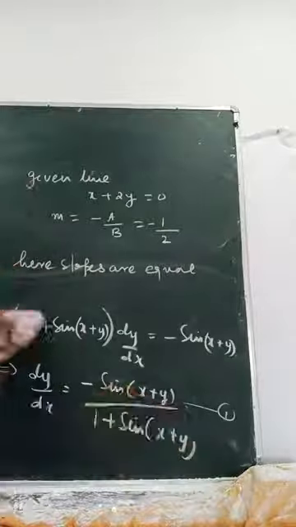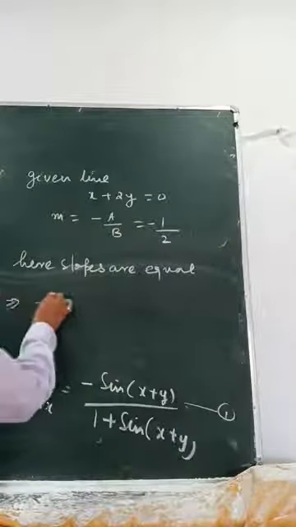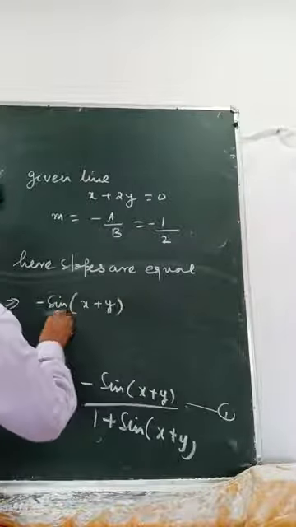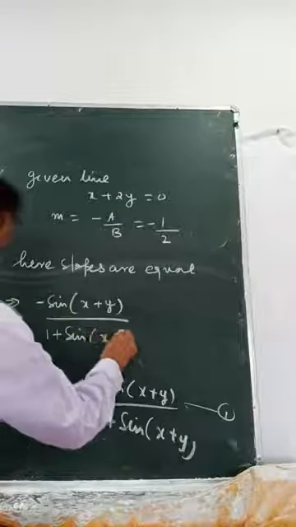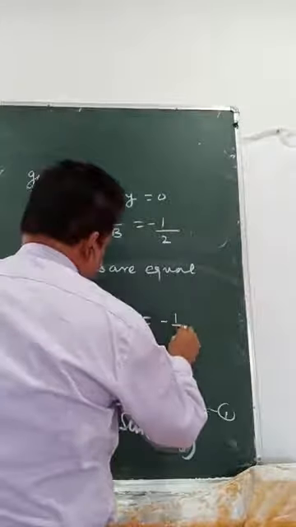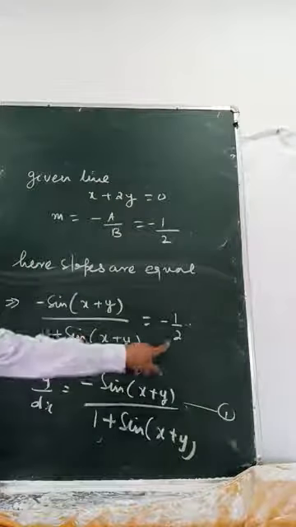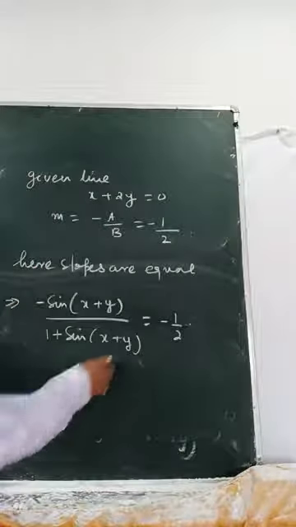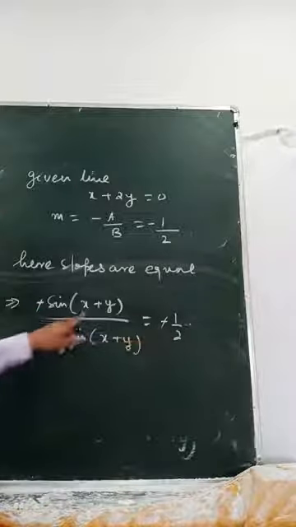So what do you get? This implies minus sin(x plus y) over 1 plus sin(x plus y) equals minus half. Now do cross multiplication, or you can cancel the minus here and cancel 2.